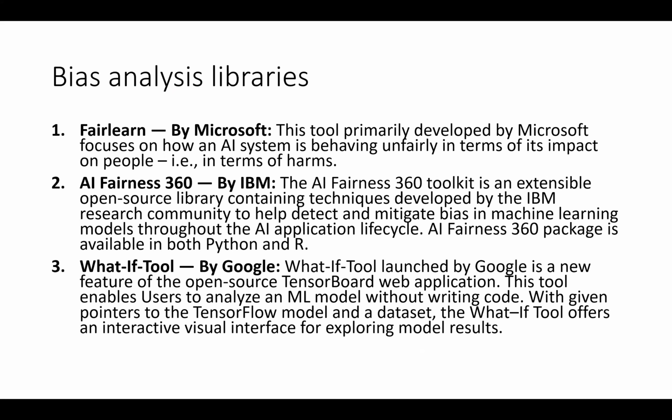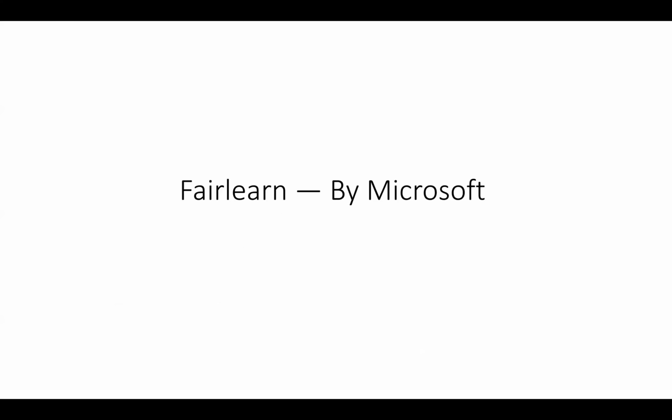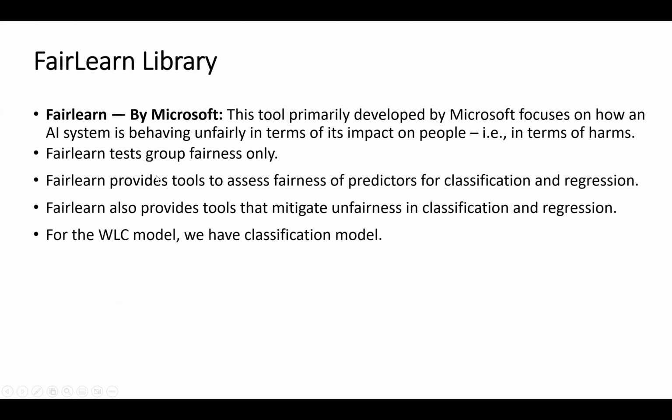It has just one metric for identifying bias. As I said before, bias can be classified into group fairness and individual fairness. Bias can be identified in the dataset or in model performance, but FairLearn introduces just one single metric, and it tests group fairness only.